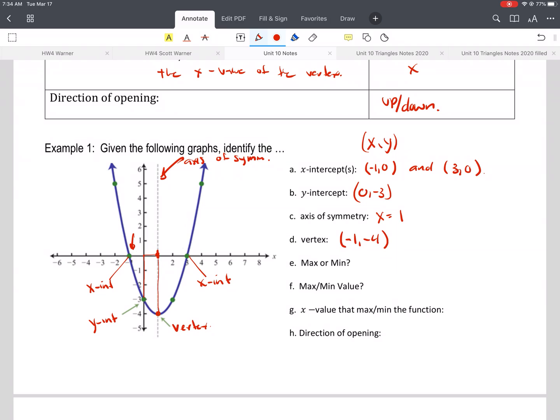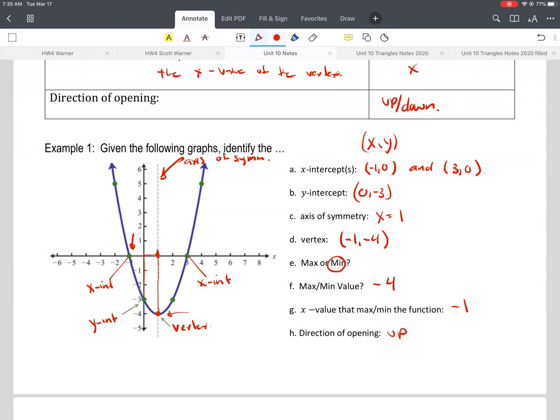Is the vertex a max or a minimum? This is the smallest value, so it would be a minimum. And what is its value? It'd be -4. X value that maximizes or minimizes the function. Again, that's just the x value of the vertex, so 1. And direction of opening would be up.